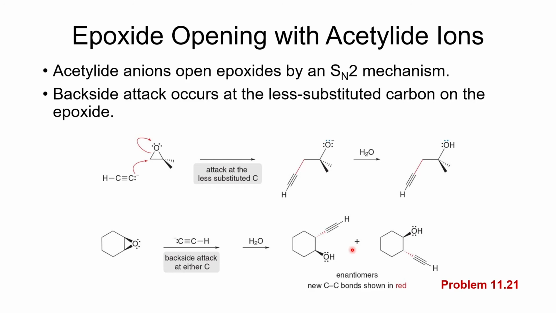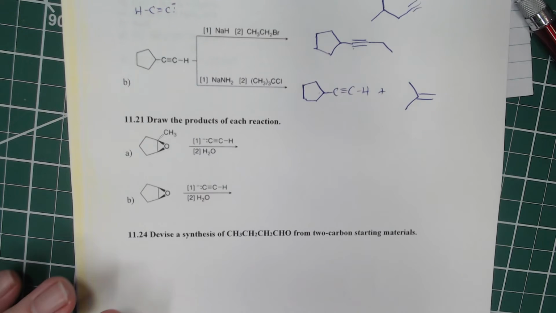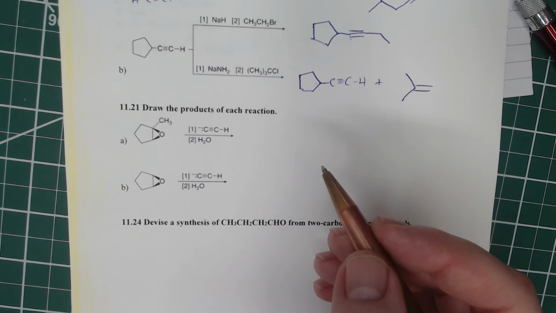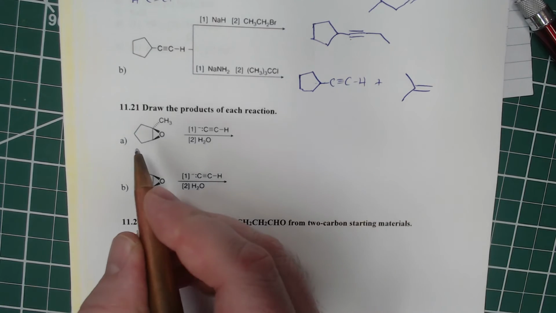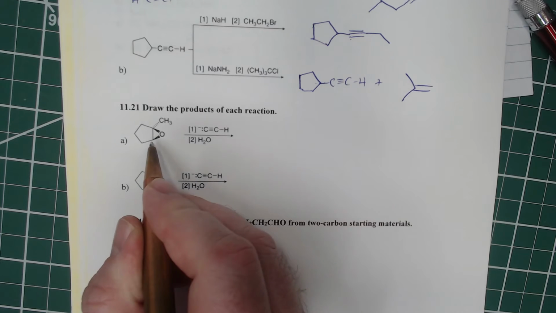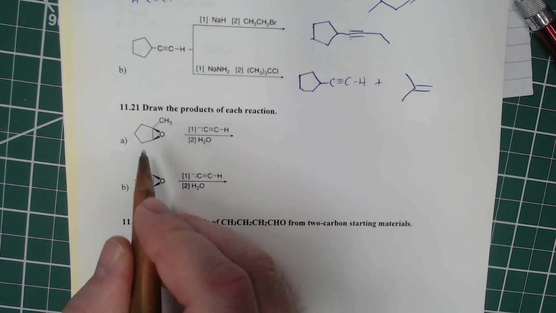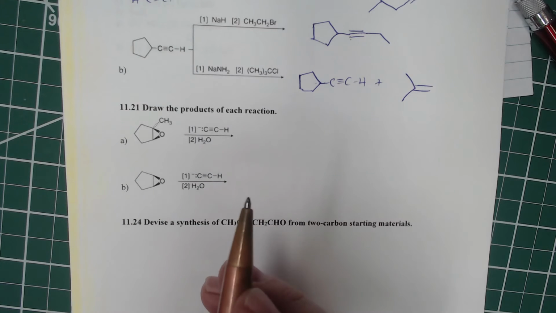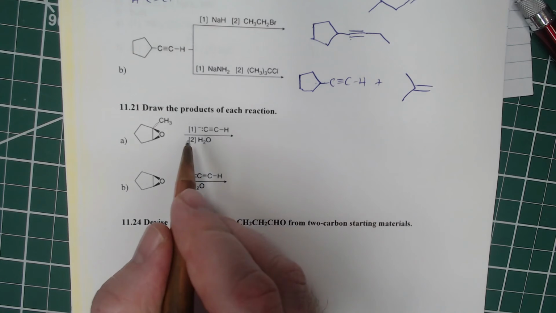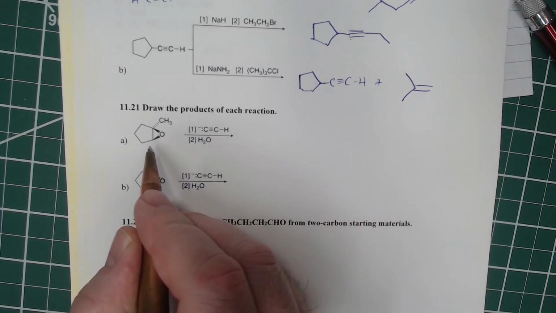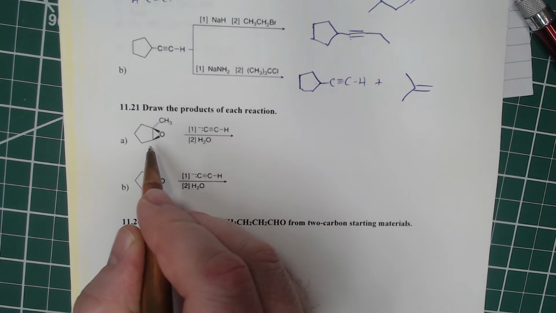All right, so we now want to look at the product here for number 21. So let's go back over. We want to draw the products of each of these reactions. So here we've got an epoxide in a ring, and you'll notice that we've got 2 different kinds of carbons. It's an asymmetric epoxide, and with the strong nucleophile, it's going to go to the less substituted carbon, and so it will come over here.